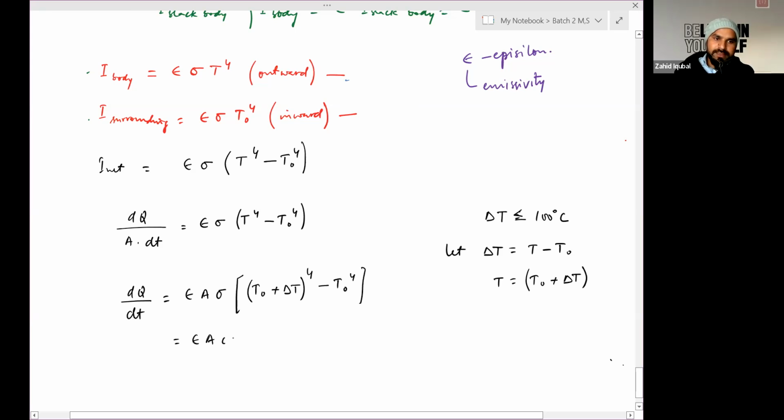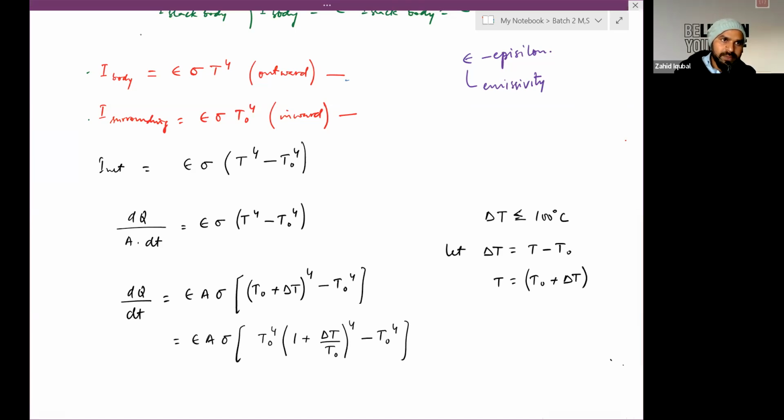Epsilon A sigma being constant, take out T naught outside. So you're left with T naught to the power 4 times (1 plus delta T by T naught) whole to the power 4 minus T naught to the power 4. Let me define this part.